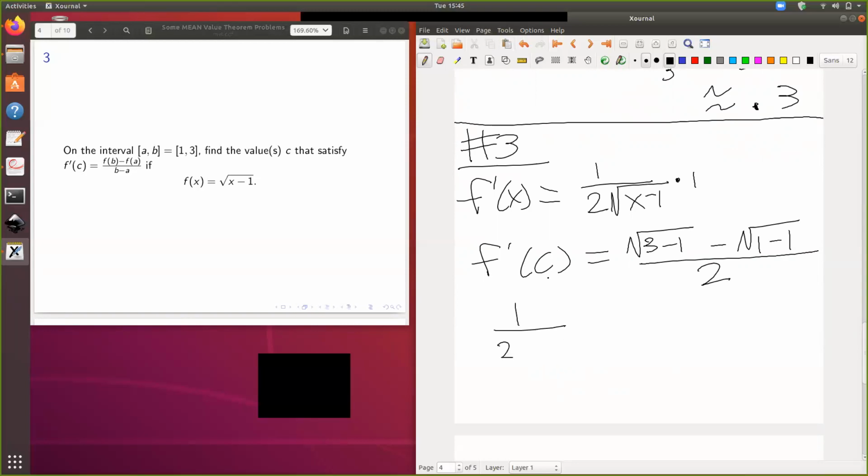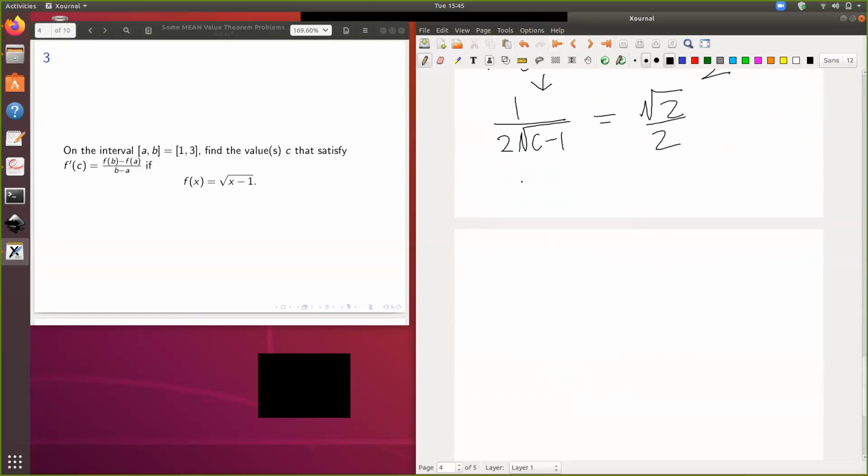So now we just do our plug and chug and work out some algebra. Plugging in c here, we get 1 over 2 times square root of c minus 1 equals square root of 2 over 2. All right, let's just flip everything. Nice average algebra. 2 times the square root of c minus 1 is equal to 2 over root 2.